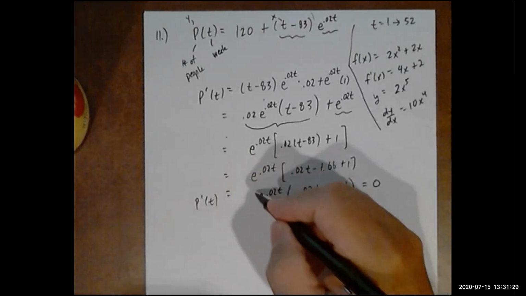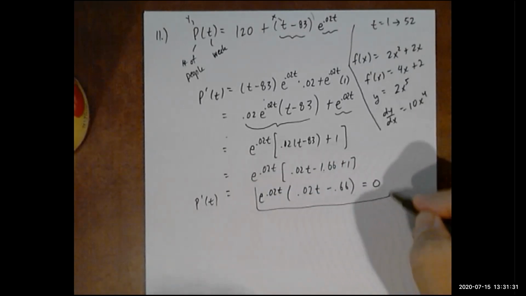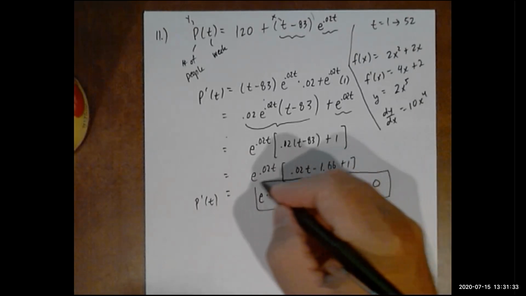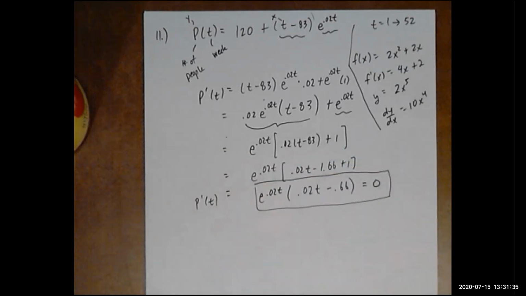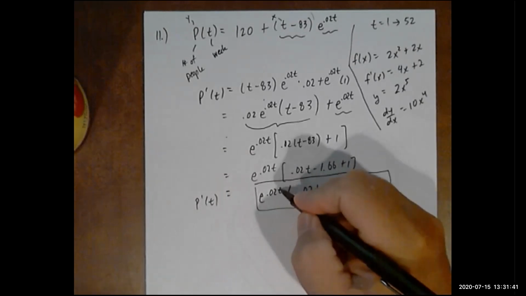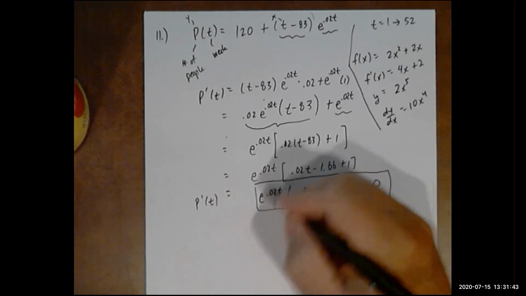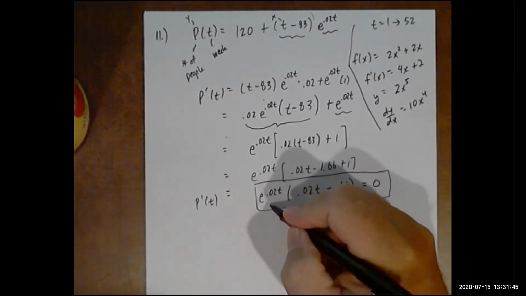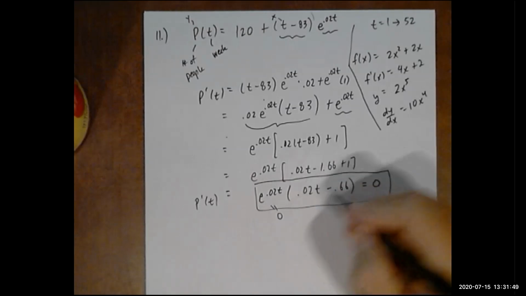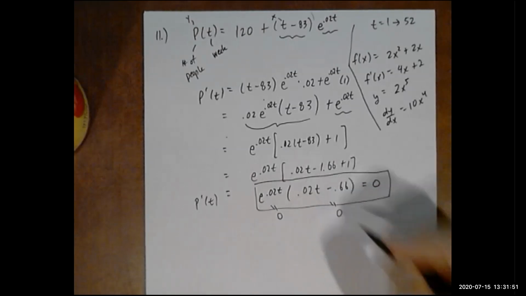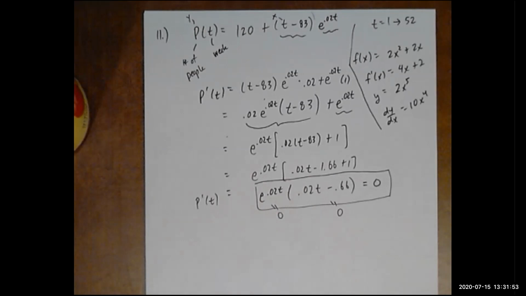So now I have to solve this equation right here. Now, in a sense, it's already factored. So the solutions are going to be whatever value of t causes this exponential to equal 0, and then whatever value of t causes the parentheses to equal 0.